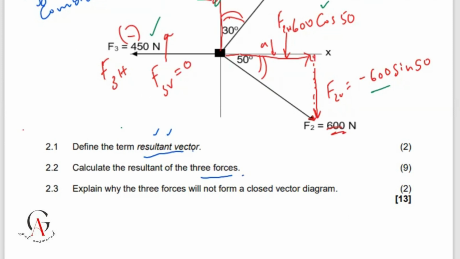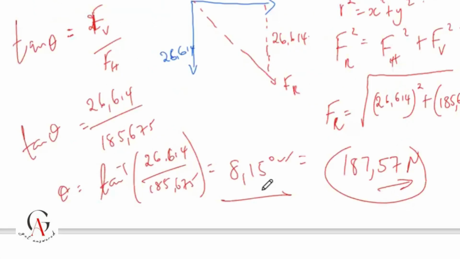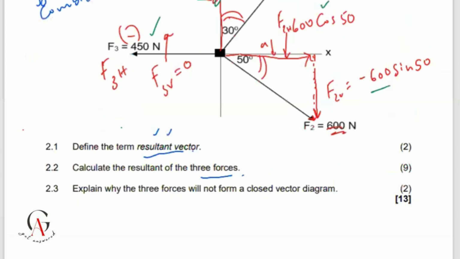Alternatively, one could also look at it with this, because if now I'm looking at, is it this angle or the other angle? If it's this angle here, then it will be 90 minus the 8.15, and then you get your 80 something. Okay, so that is with the force and the resultant.